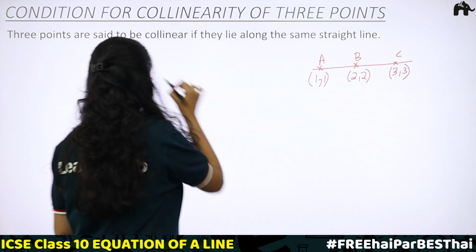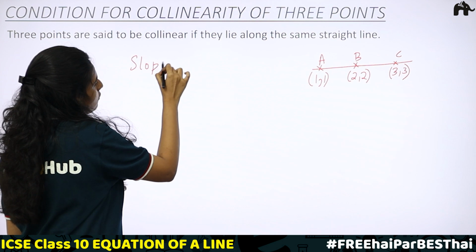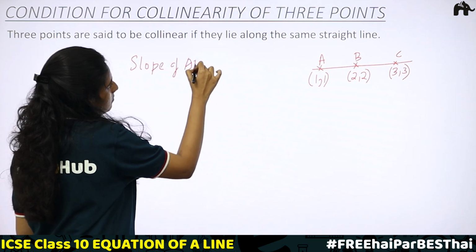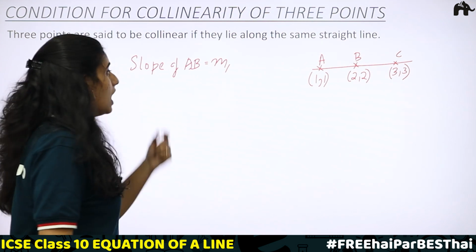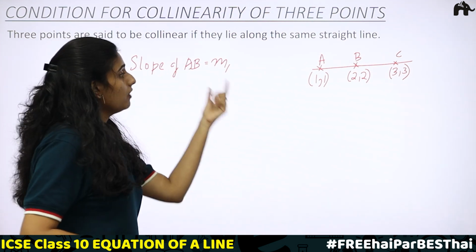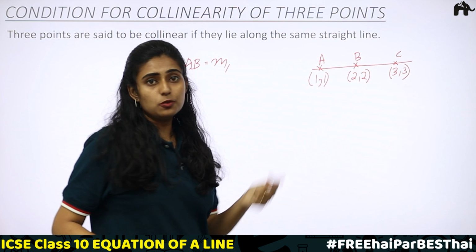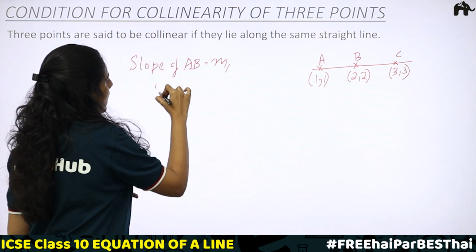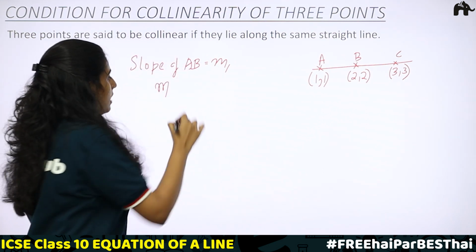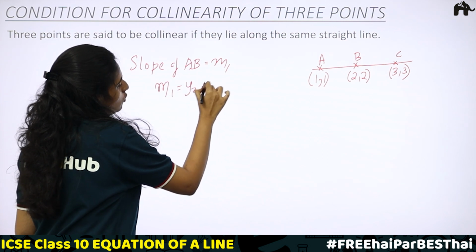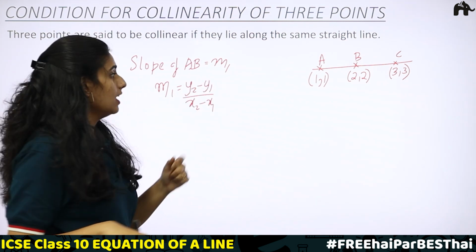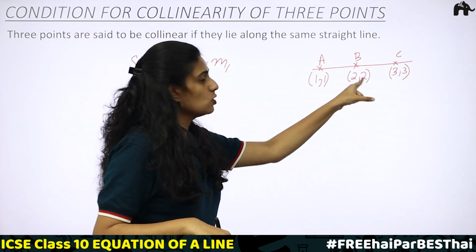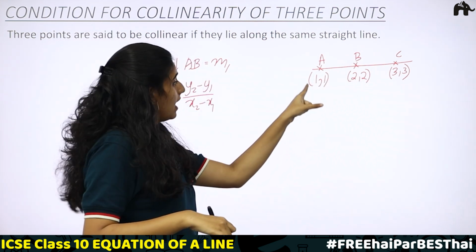We'll take the slope of AB as m1. How to find slope when the coordinates of 2 points are given? We have slope m. Here m1 is equal to (y2 minus y1) divided by (x2 minus x1). Here x2, y2 is (2, 2) and x1, y1 is (1, 1).